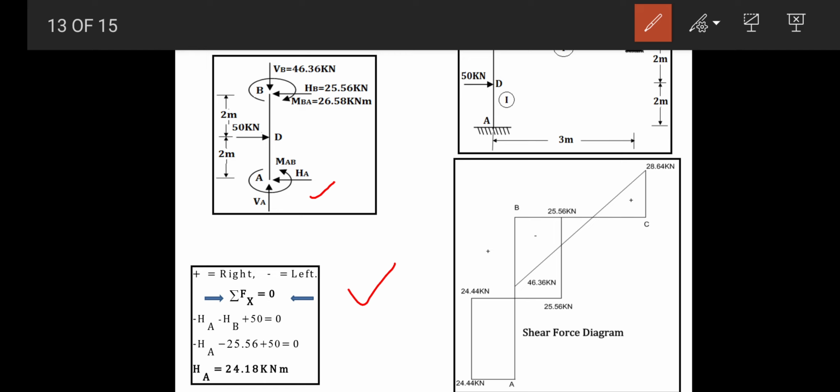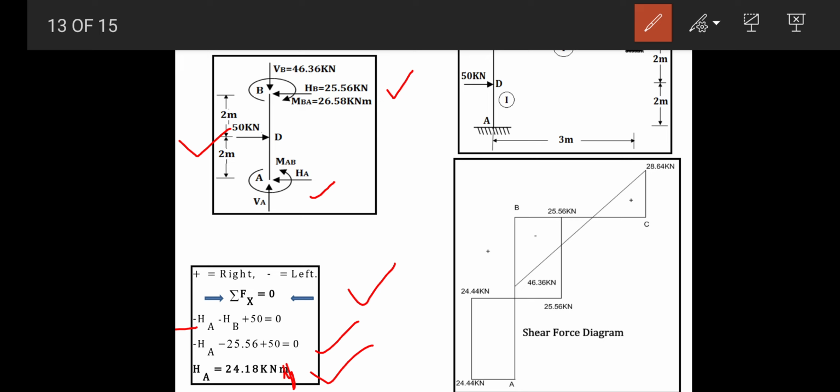First is HA itself, minus HA, then the next horizontal force is 25.56, minus 25.56, and the next horizontal is the 50 kilonewton over the column, so plus 50, equal to 0. So we have HA as 24.18 kilonewton.